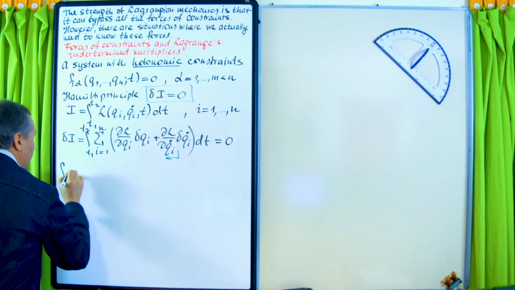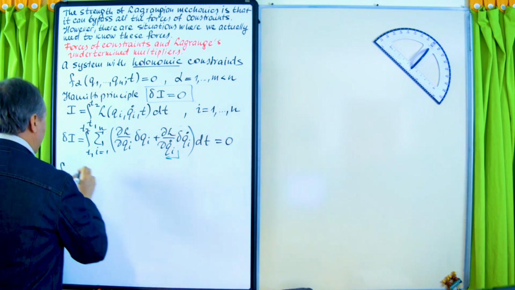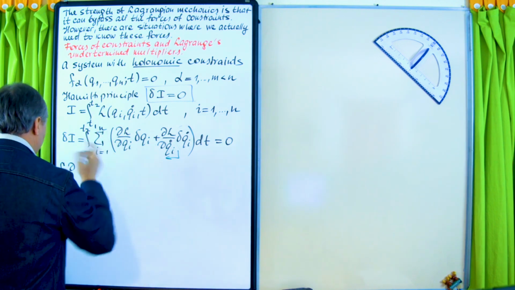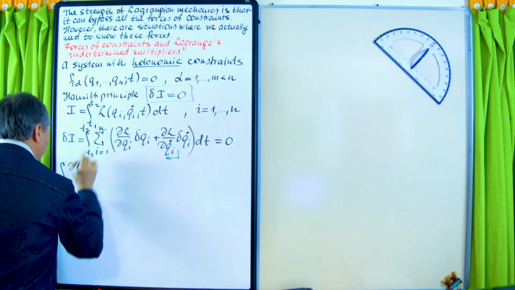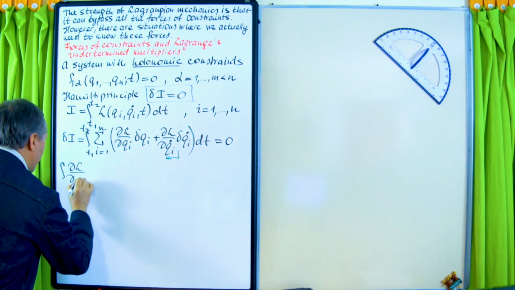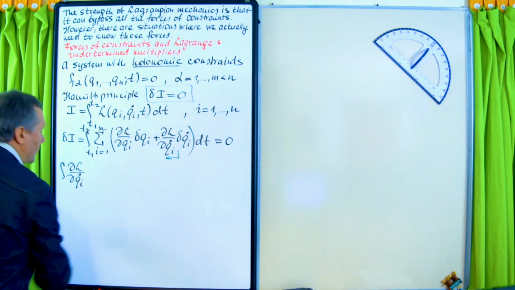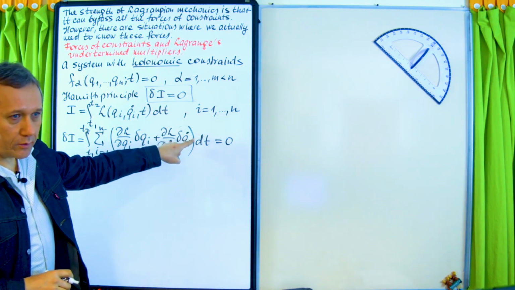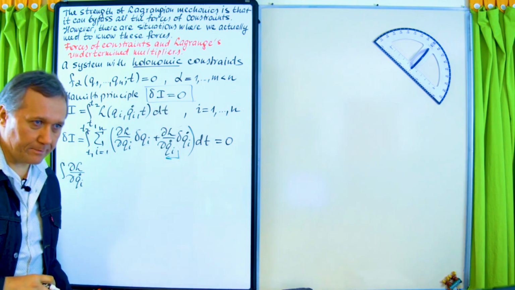So the integral, the summation, the partial derivative with respect to q dot_i. Then you see we have the variation of q dot. Q dot is a time derivative.